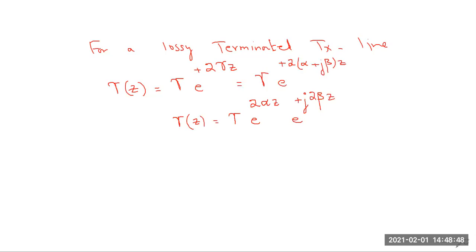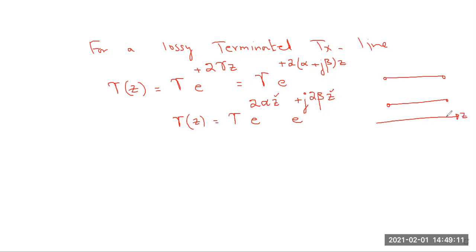And sometimes, because this z is related to the position, that position can also be related to the length of the transmission line. And we can replace z by minus L because, if I draw that transmission line again, we represent our axis like this.